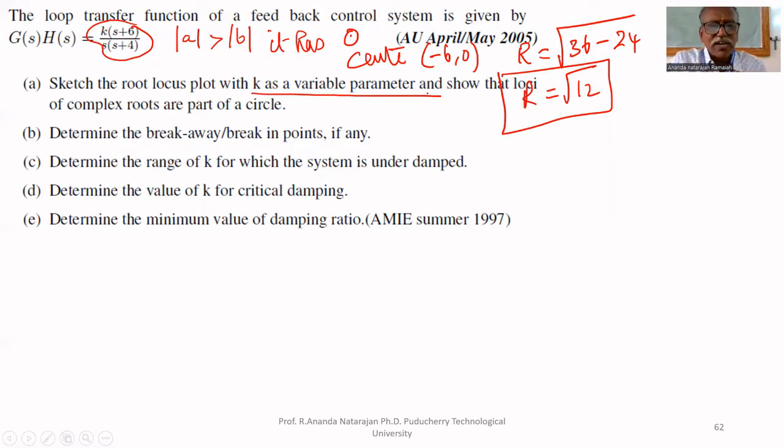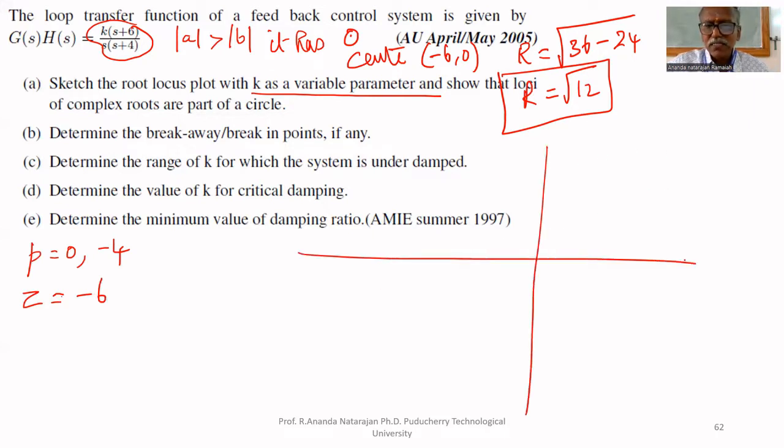So how to find breakaway and break-in points? So what are the poles? The poles are 0 comma minus 4. Zeros are at minus 6. So what is the root locus?